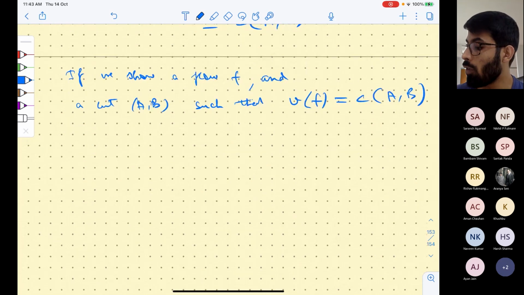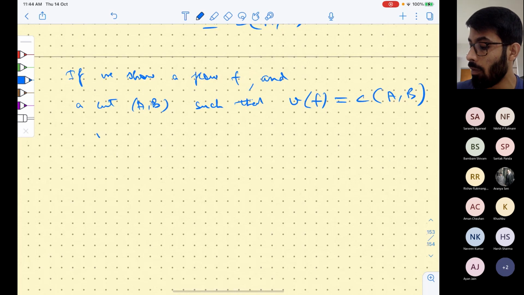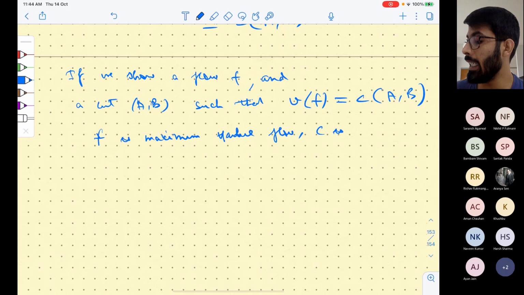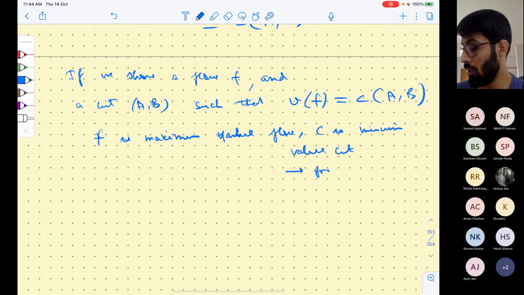So that means the value of the flow cannot exceed it. Then this F is a maximum value flow, and the cut is a minimum value cut, from the previous lemma. So this is all we need to show now.